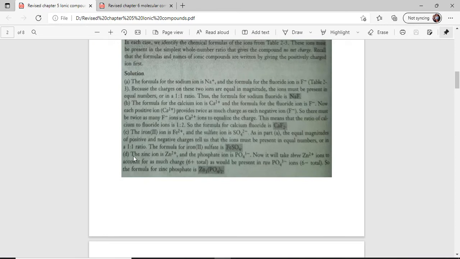Next is the zinc. Okay, your zinc's charge is 2 plus. The phosphate charge is 3 negative. Okay, the phosphate is polyatomic. Now, it will take 3 zinc ions to make 6, to account for the larger charge, which is 6 plus.